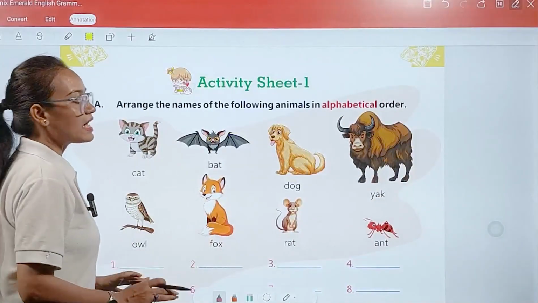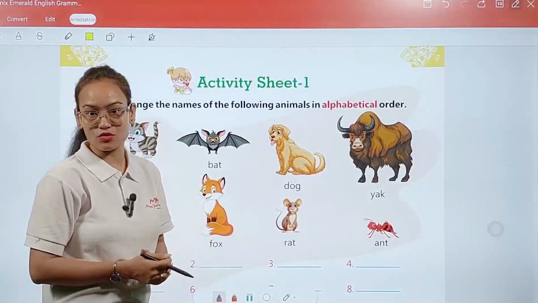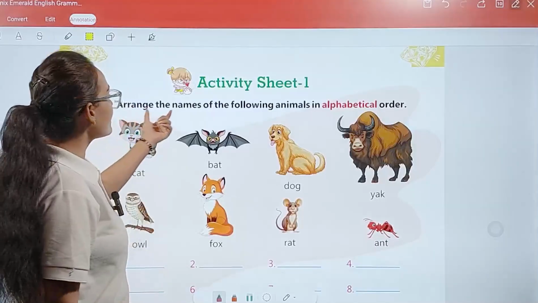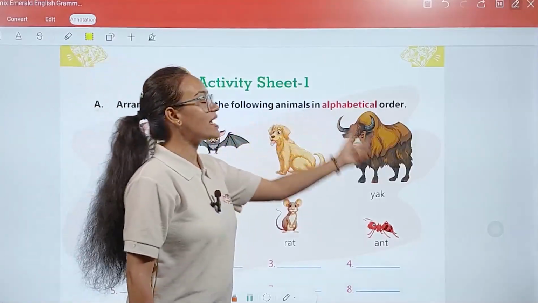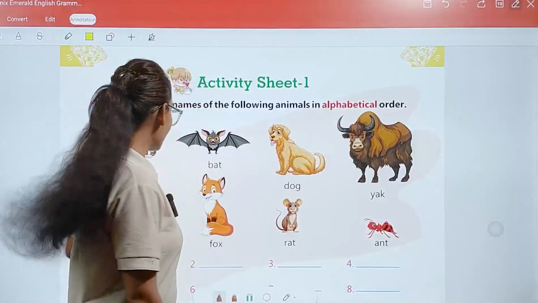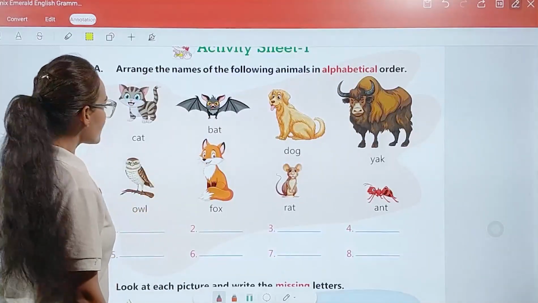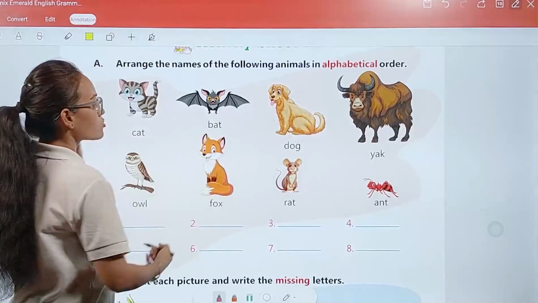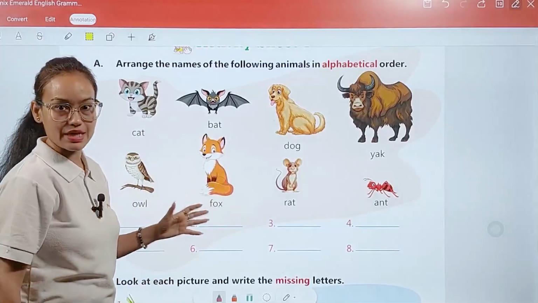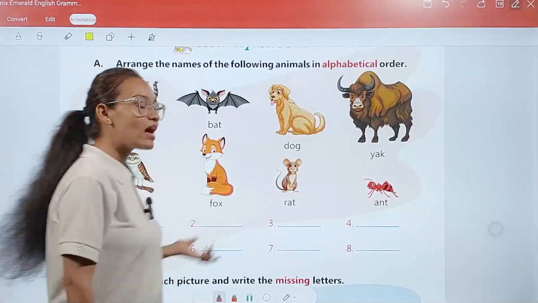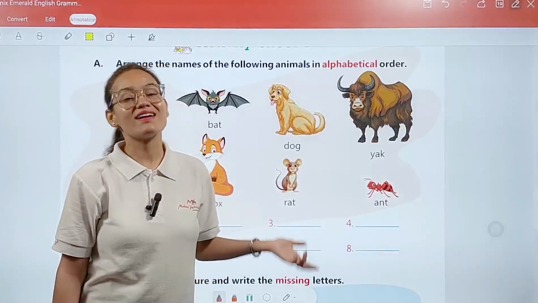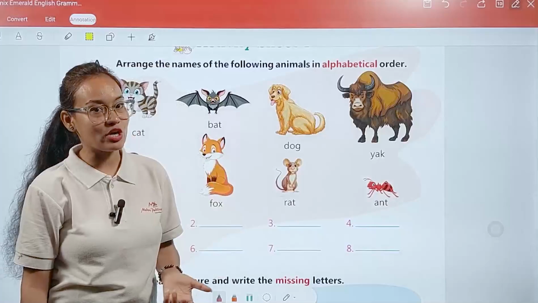Now in this exercise, what we have to do? See, arrange the names of the following animals in alphabetical order. My dear students, here some animal names are written. Now what you have to do is arrange them in the sequence followed in alphabetical order.